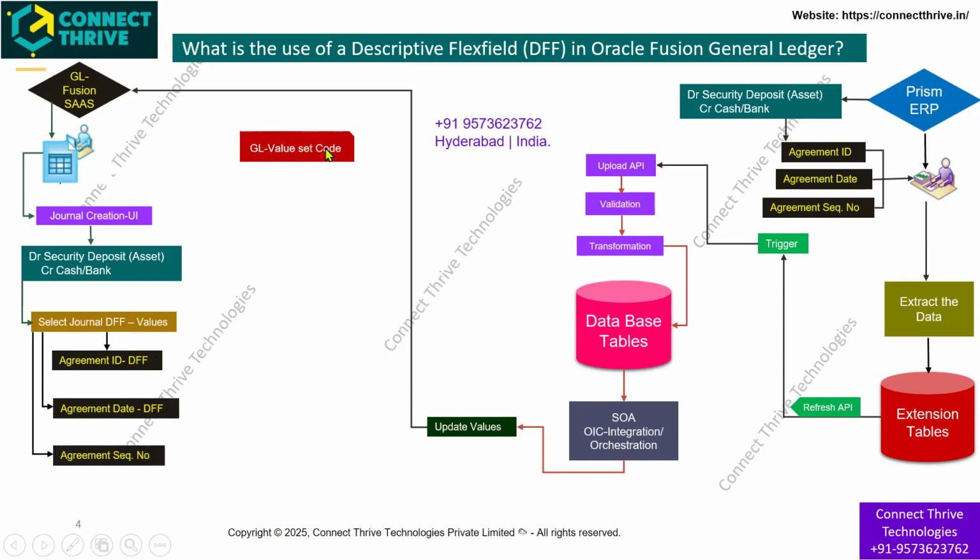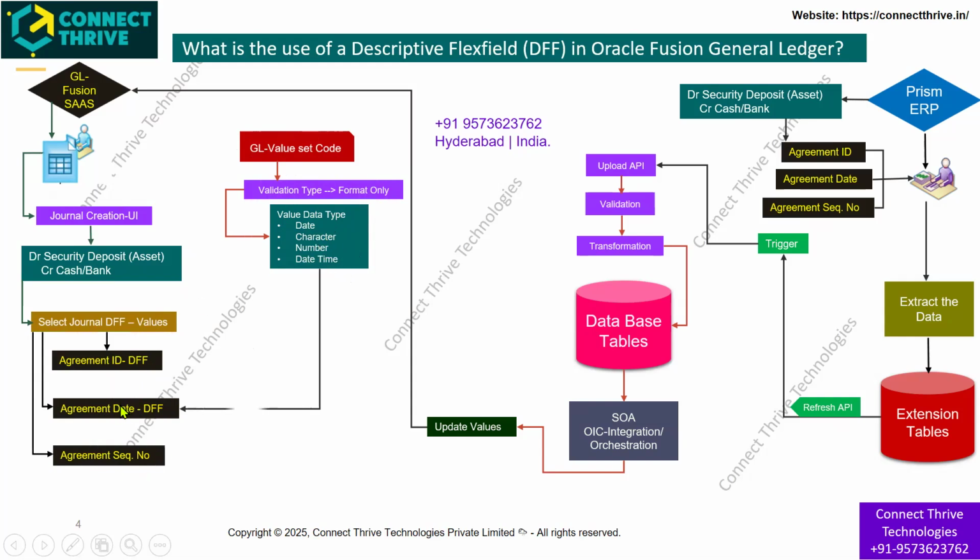We will create one value set code for each of them by selecting the validation type as format only. There we will select the value data type as date for this, and character for agreement ID, and then the number and date formats, I mean the kind of data you are expecting while entering the transaction. Accordingly you can select the respective data type.